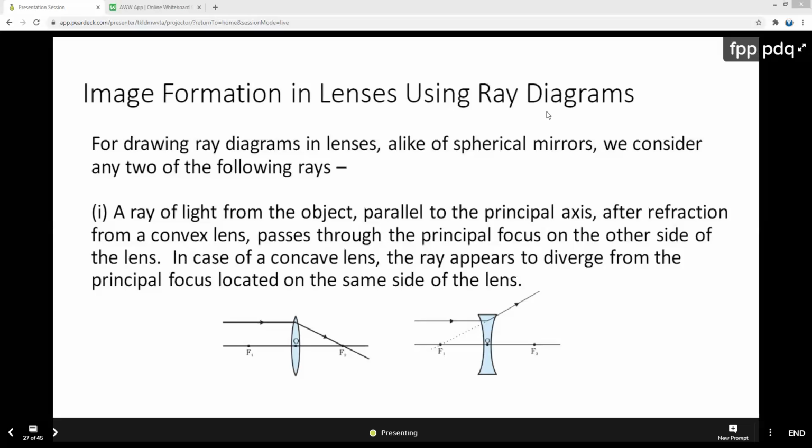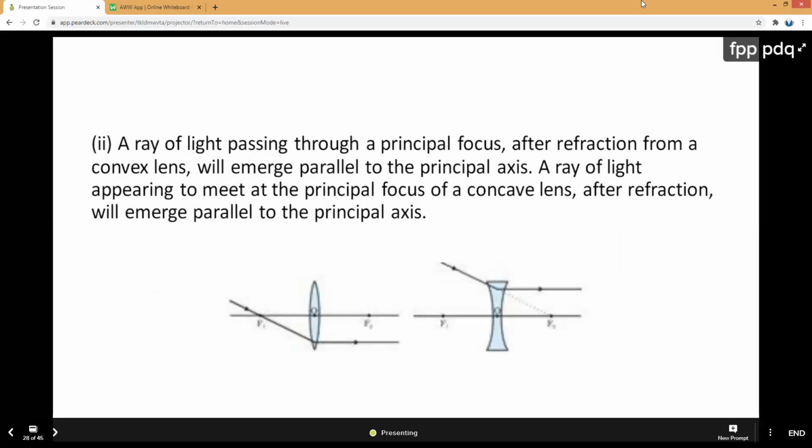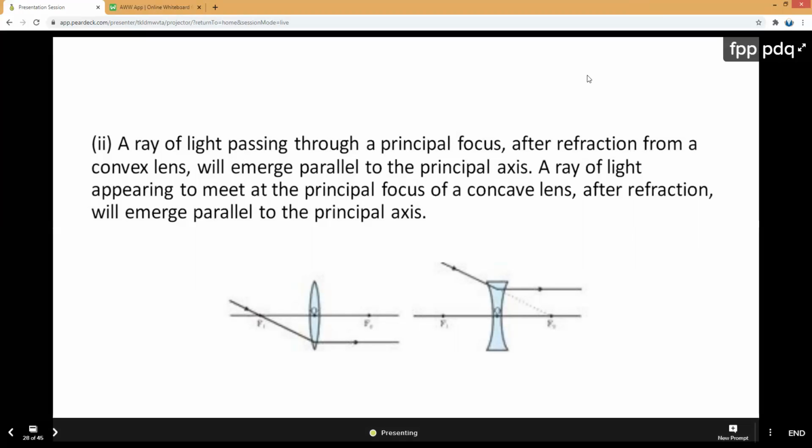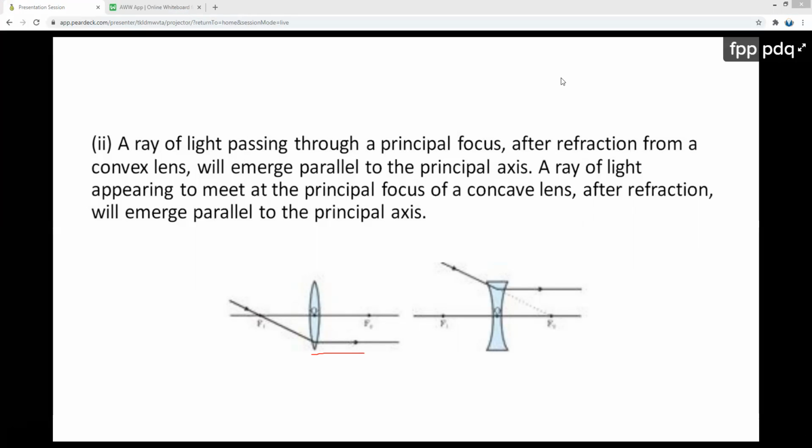Next, Aman. A ray of light passing through the principal focus, after refraction from the convex lens, will emerge parallel to the principal axis. Here you can see the ray of light is parallel to the principal axis on the other side when it passes through the focus in a convex lens.